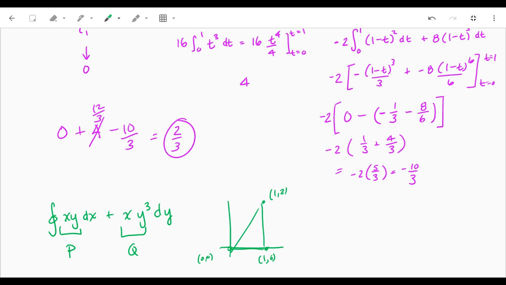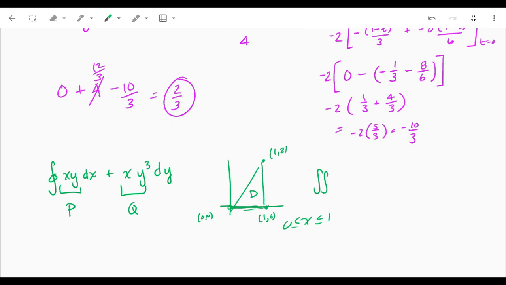Okay, so then rather than going along C, I want the double integral of that area. So x goes from 0 to 1, and then y goes from 0 to the line.